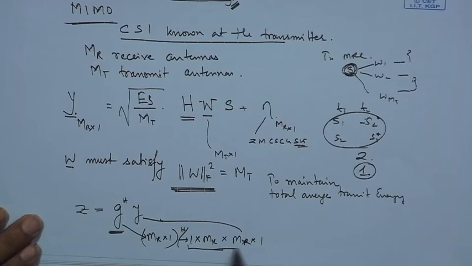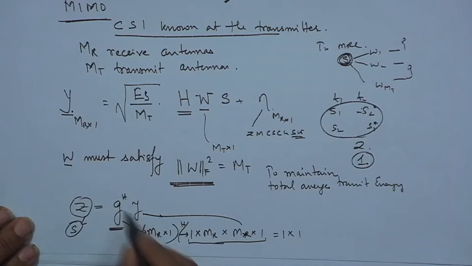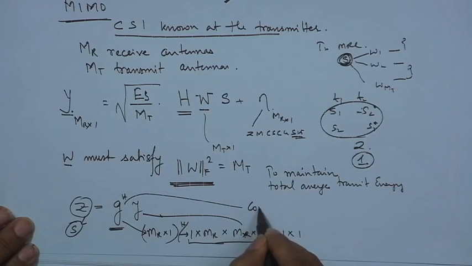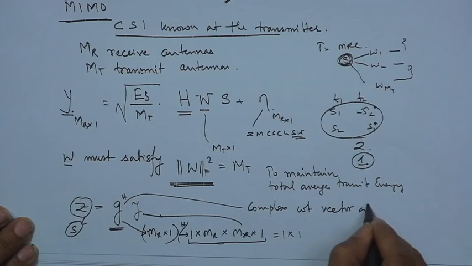The end result that you have is basically 1 cross 1. So this is recovering s, it's going to get back s. And G is the complex weight vector at the receiver.